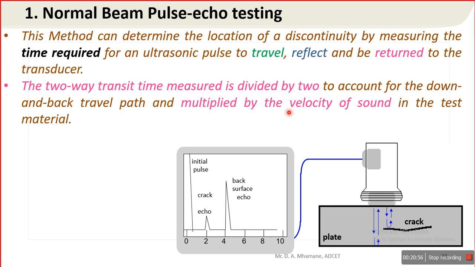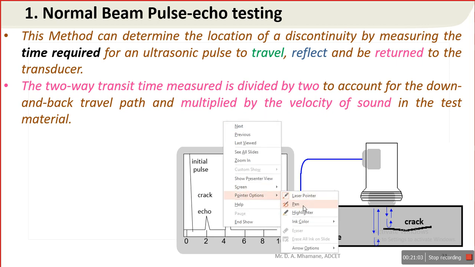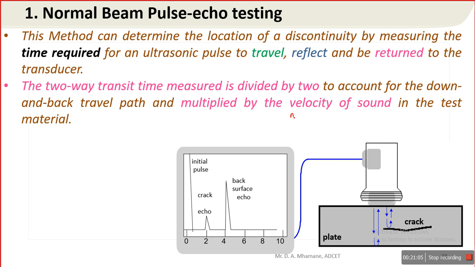If you consider the unit of velocity, it is meter per second. If you multiply this with time, the time cancels and we get only meter, that is distance.